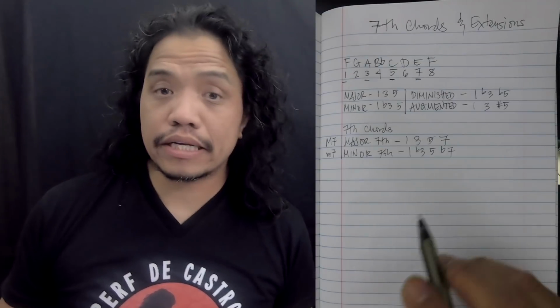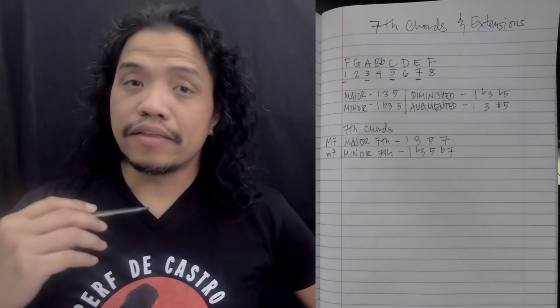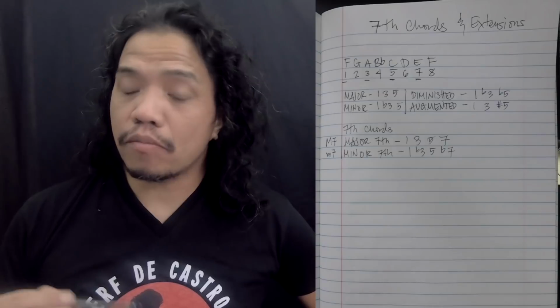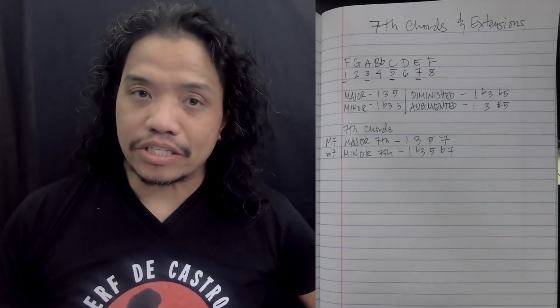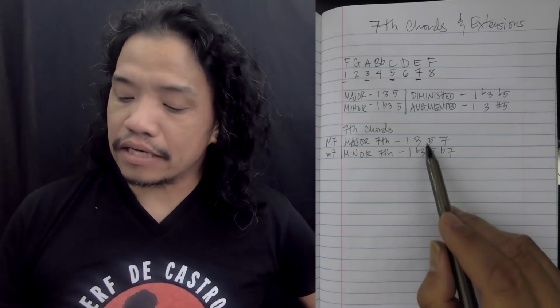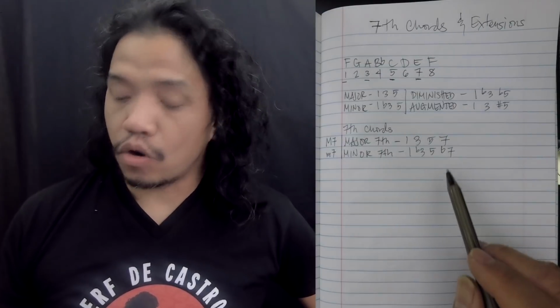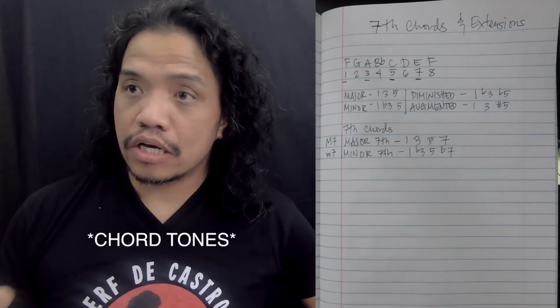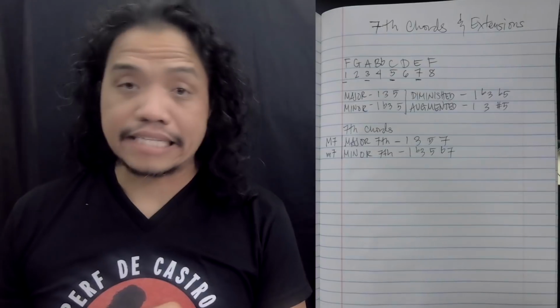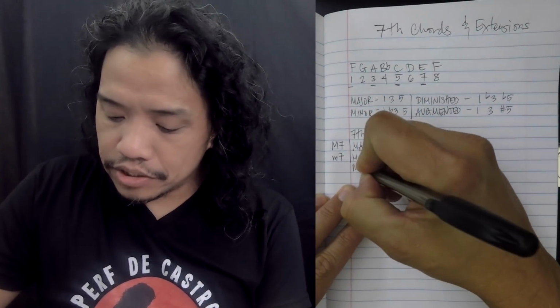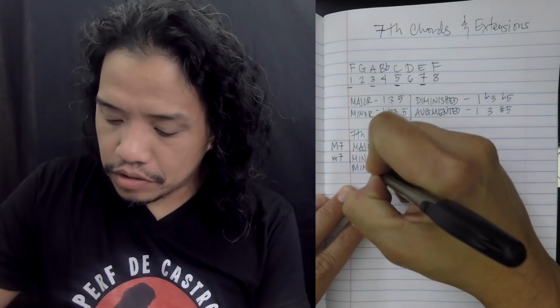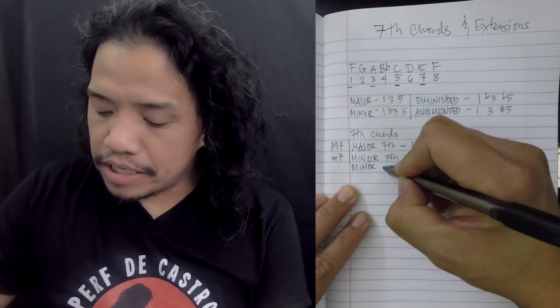Now here's where it gets a little tricky, because the major, minor, diminished, and augmented designations can either be applied to the main triad or any of the added chords above the triad. An example of which is the next chord. So we have a minor chord with a major 7th.